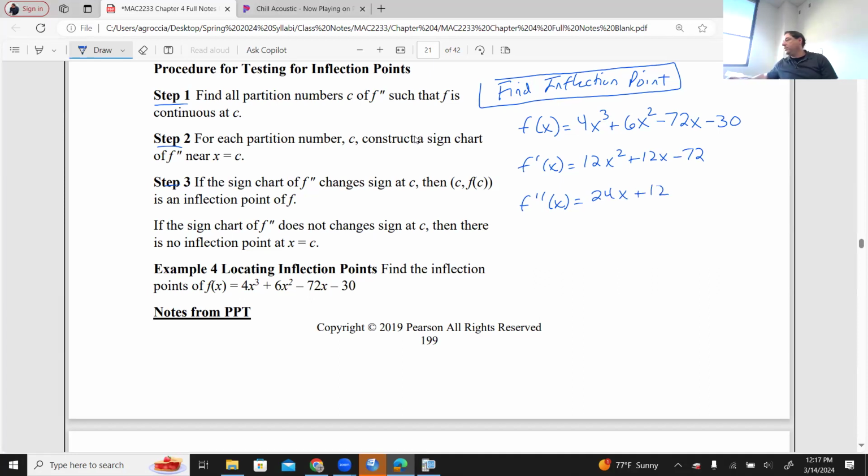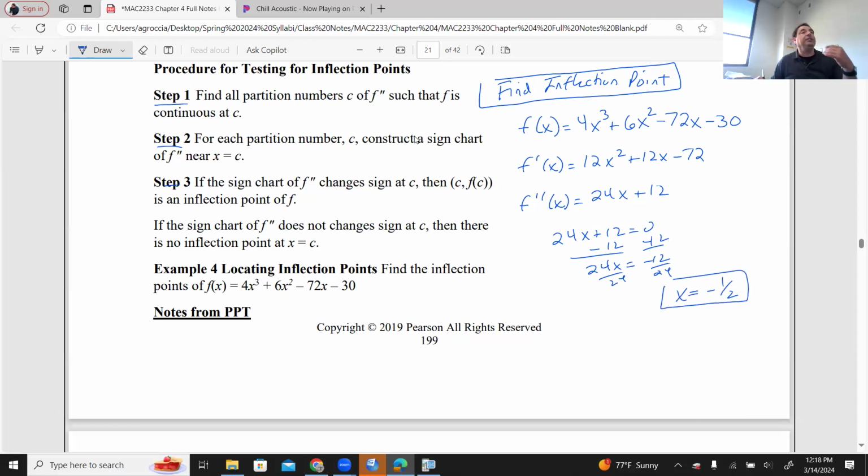Okay, questions on the second derivative? Be careful showing all your work. Then we take that second derivative and we set it equal to 0. So I subtract 12, 24x equals negative 12, divide by 24, x equals negative 1/2.